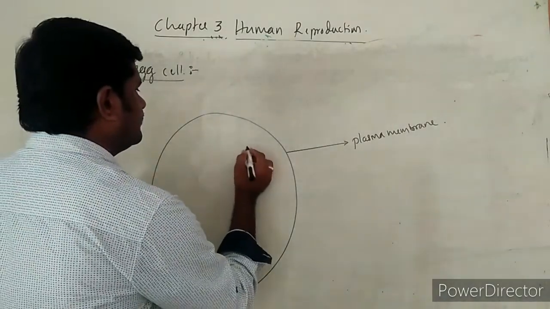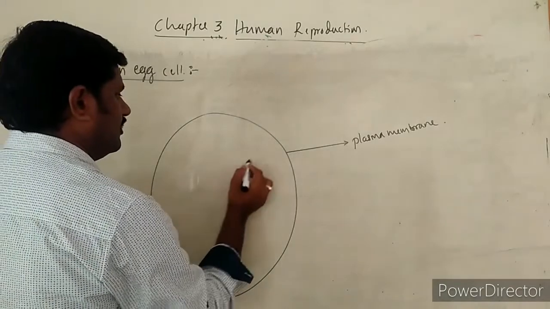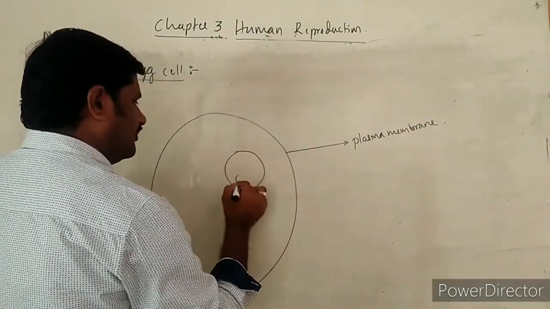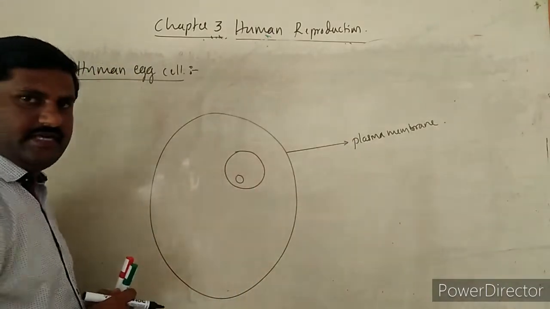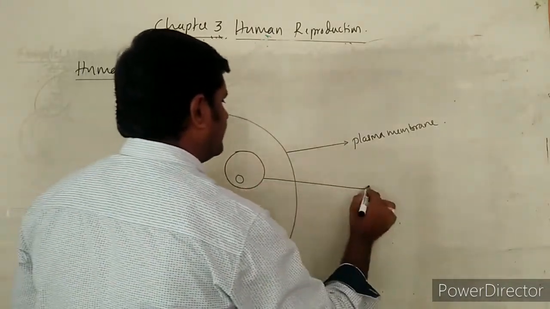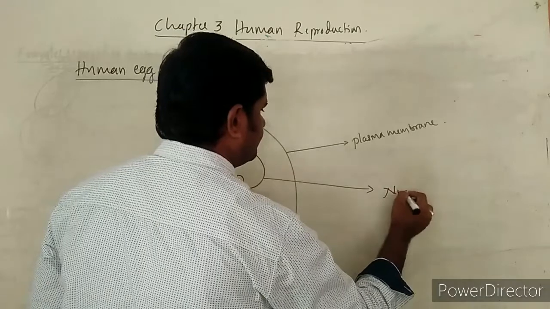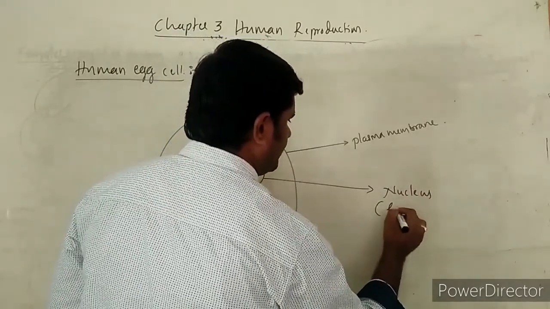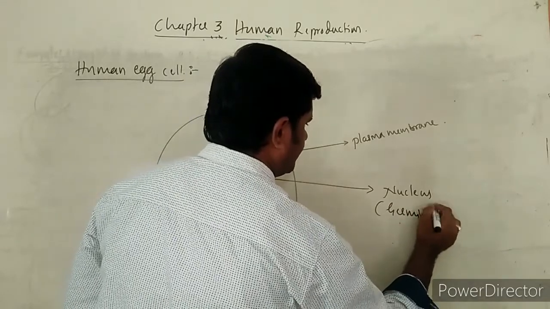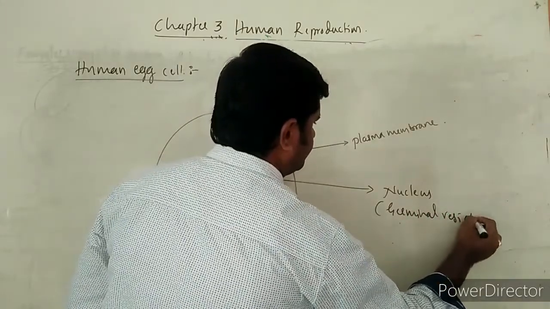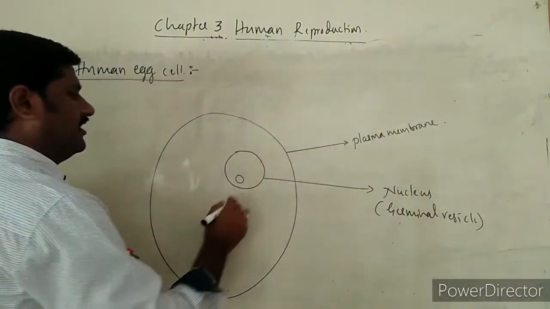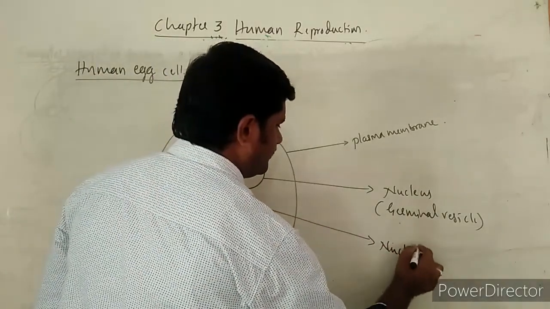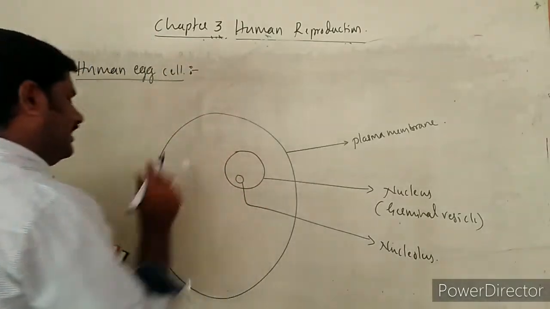And inside this one, what do we come across? A large nucleus inside it, and nucleolus is also present over there. And this nucleus is called germinal vesicle, and this is called nucleolus.